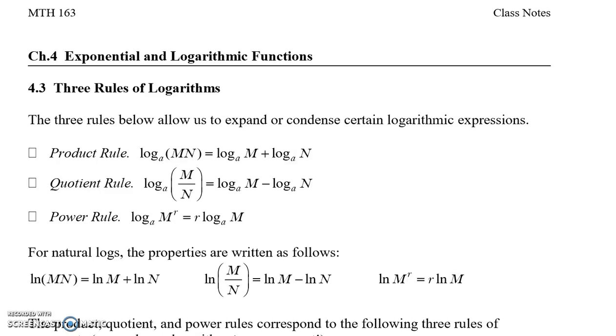The quotient rule, ln of m over n equals ln of m minus ln of n. And the power rule, ln of m to the r is r times ln of m. So other than a slightly different notation, we see that the properties are exactly the same as what we saw above.